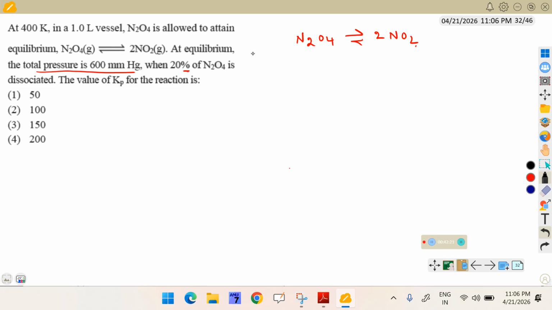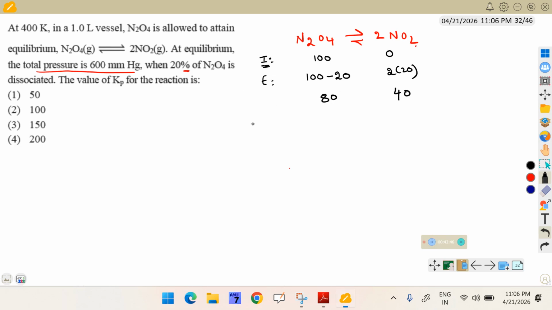Initially only reactants are present, products are absent. At equilibrium, what is the given condition? 20% of the reactants are reacted. 100 minus 20, 2 into 20. So 80, 40 at equilibrium.